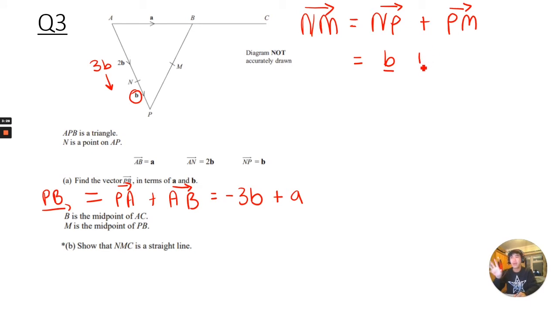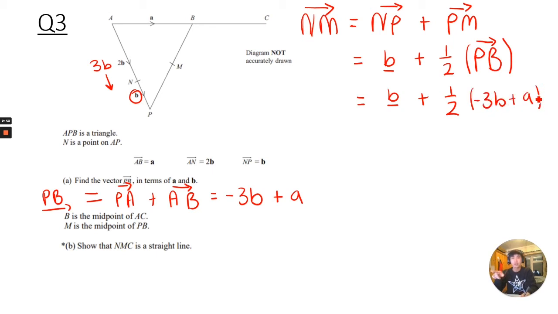And then P to M, we don't know what P to M is, but we know what P to B is. And we also know, because it's given in the question, that M is the halfway point of P to B. So I'm going to have half the vector P to B, which we do know. That's the first part of our question. So we've got vector b plus half the vector P to B, which we said was negative 3b plus a.